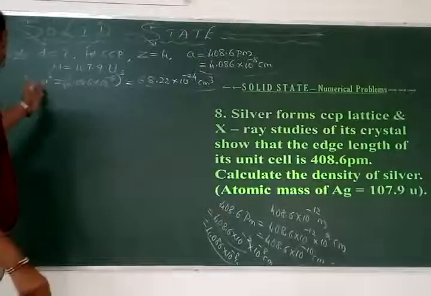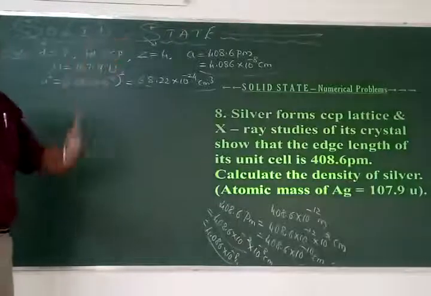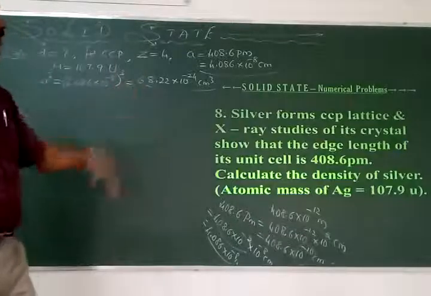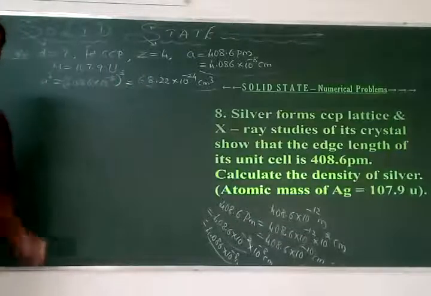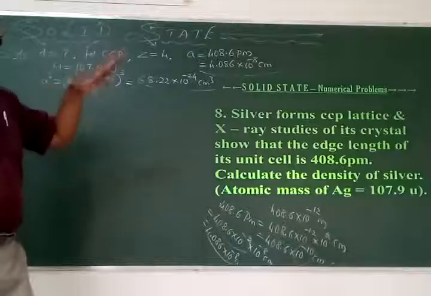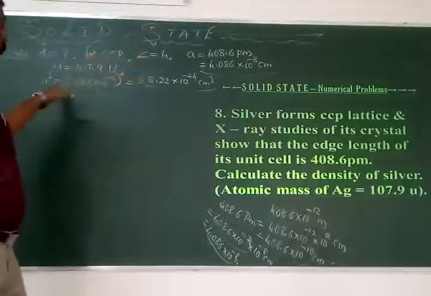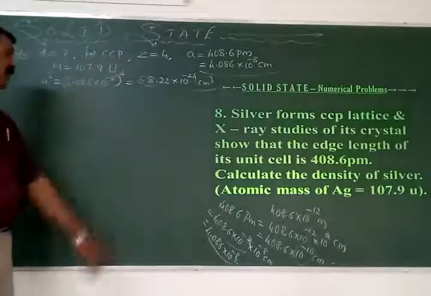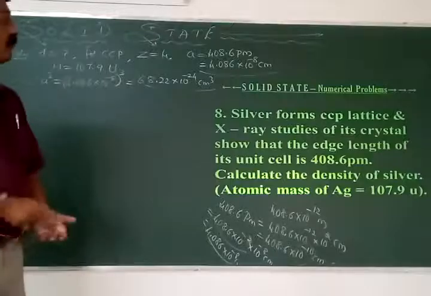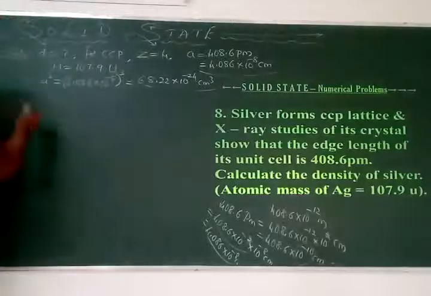A is given as 408.6 in terms of picometer, but I have converted that into centimeter as 4.086 into 10 to the power of minus 8. Cubing that, it becomes 68.22 into 10 to the power of minus 24 in terms of cm cube.